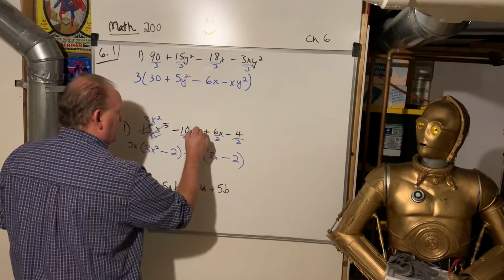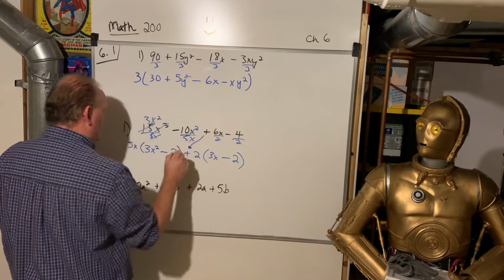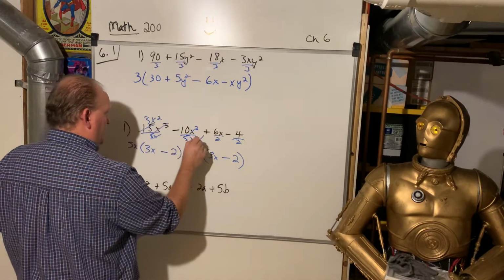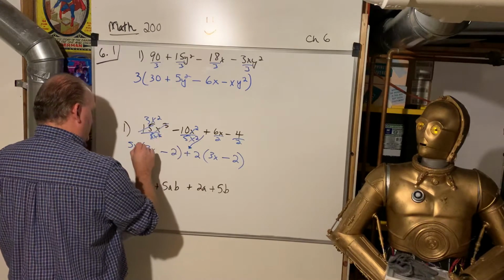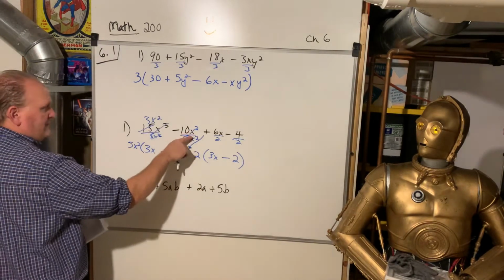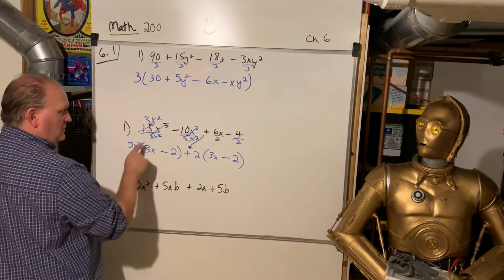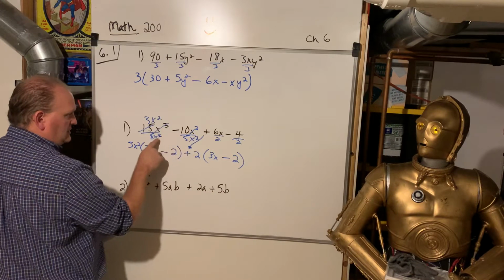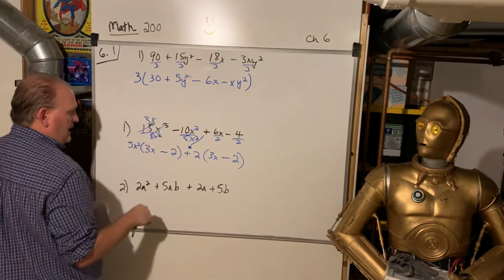I forgot a squared right here. Make sure you write down the right number right away. Okay, there we go. So I forgot the squared on the 10x. So I actually factored out a 5x squared. And so that was a squared and squared, and then that became just 3x.